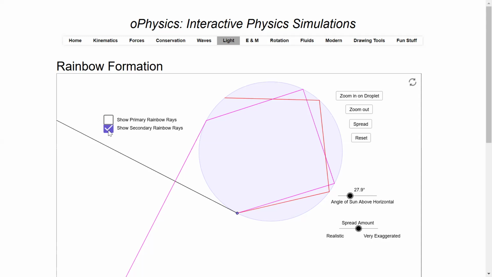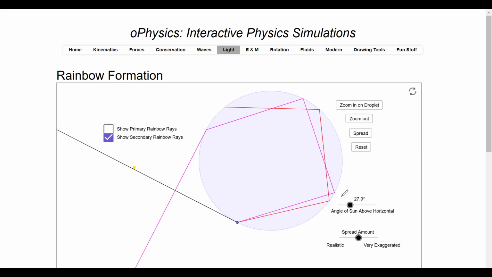In that case, you can see one reflection. The sunlight is the black colored light. Here is one reflection, here is the second reflection. After the second reflection, the light rays come to this surface and bend by refraction.